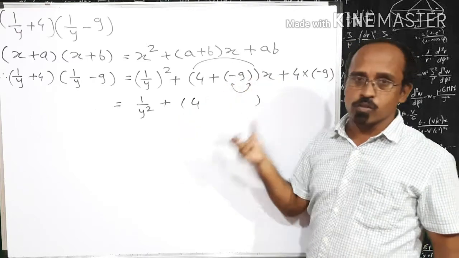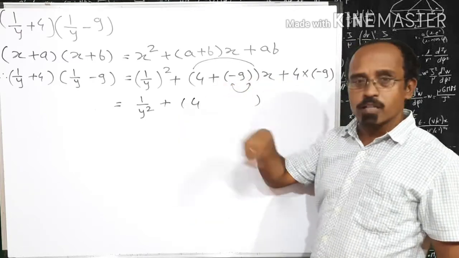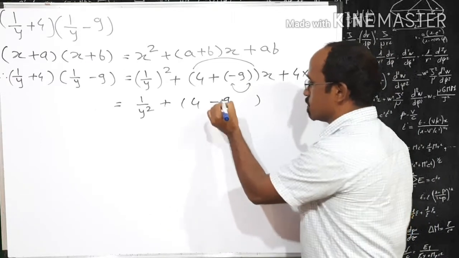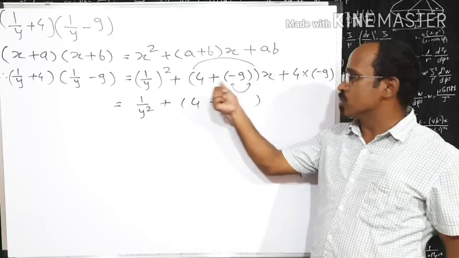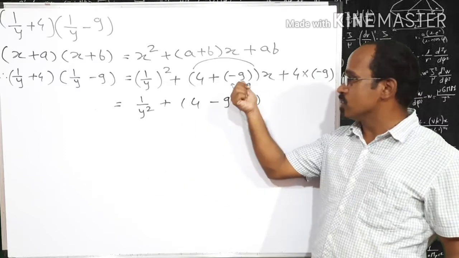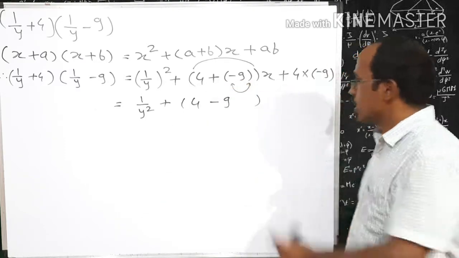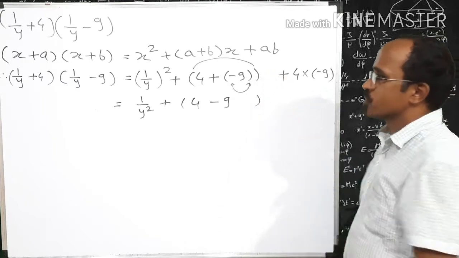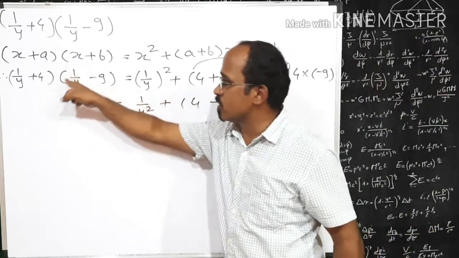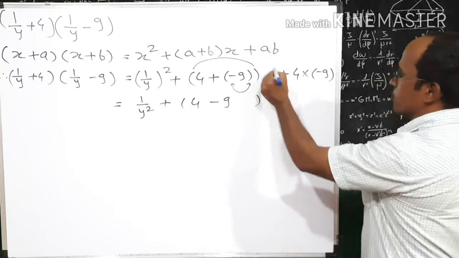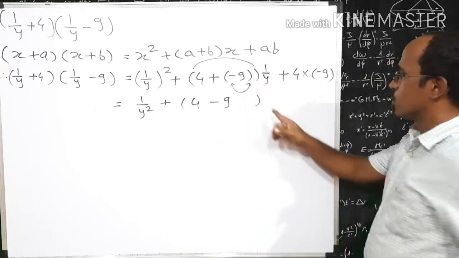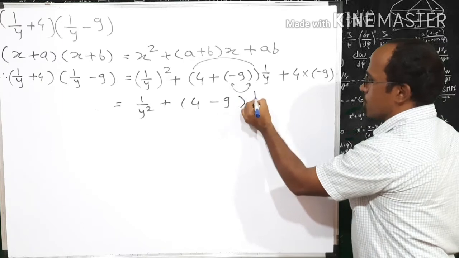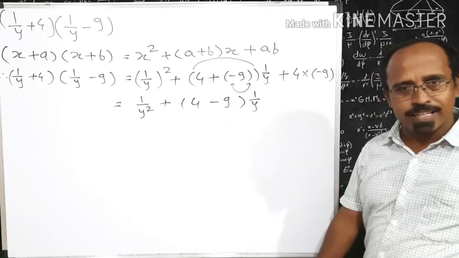And you know, in the case of removal of the bracket, plus minus minus is nothing but the sign of the number inside the bracket. Into x. Sorry, in place of x we just have to write 1 upon y, because x in the formula is replaced by 1 upon y. Okay, so here we will multiply this (4 minus 9) by 1 upon y. Clear up to this?